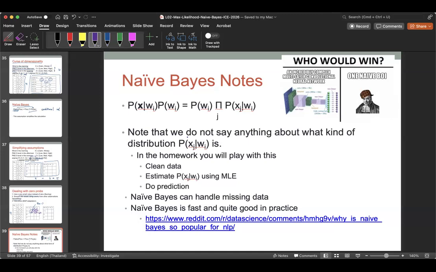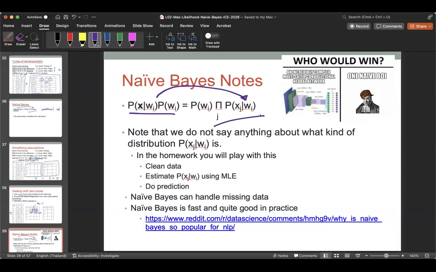A very simple thing. That's the Bayes classifier. From the Bayes classifier, you make some assumption to break down the probability into smaller pieces.